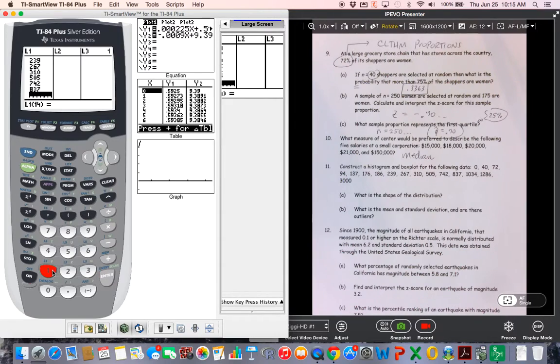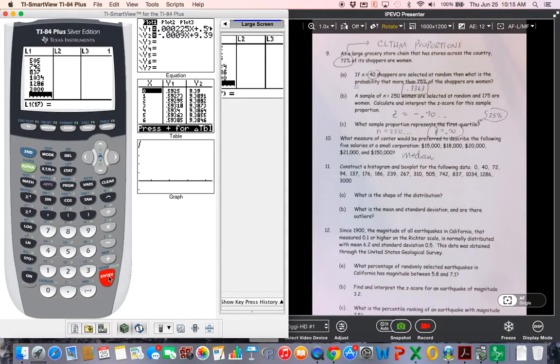It's kind of looking like to me, 1034, that we've got a positively skewed distribution, but actually, I don't know. I even made the problem up. 1286 and 3000. Actually, it looks the other way now that I look at all the numbers.